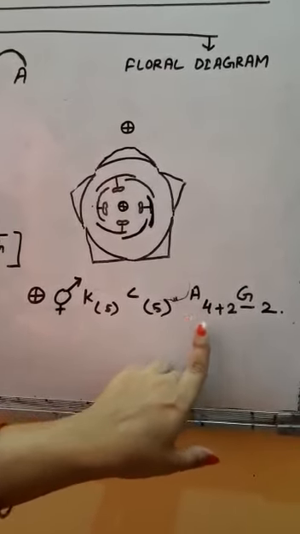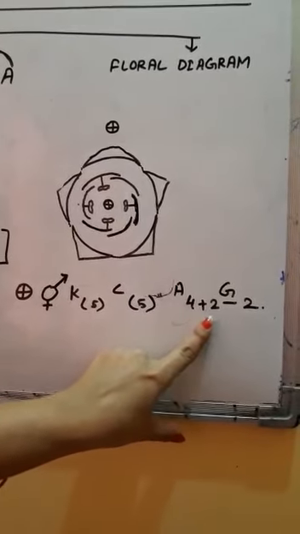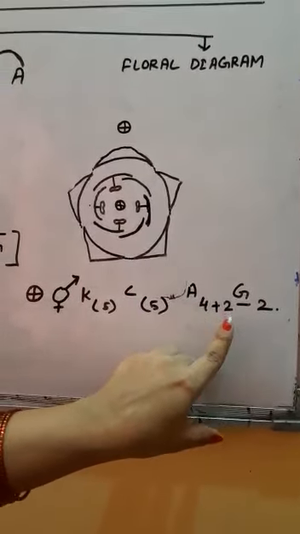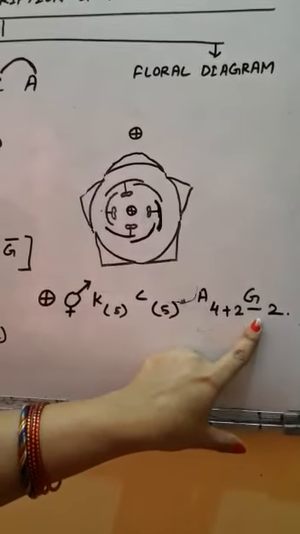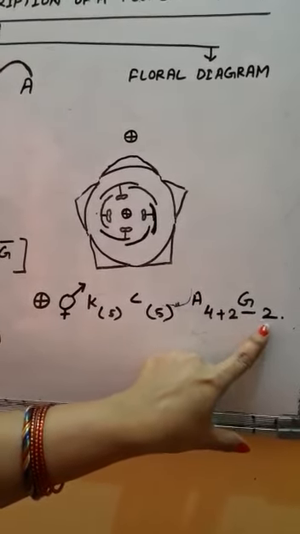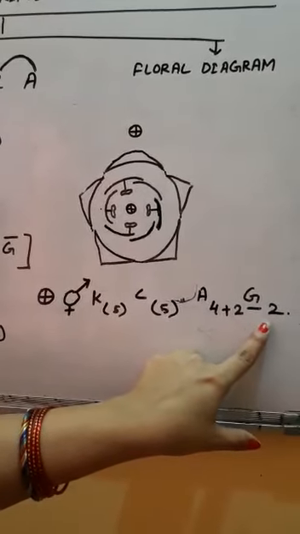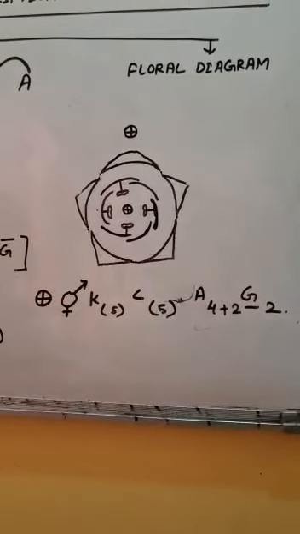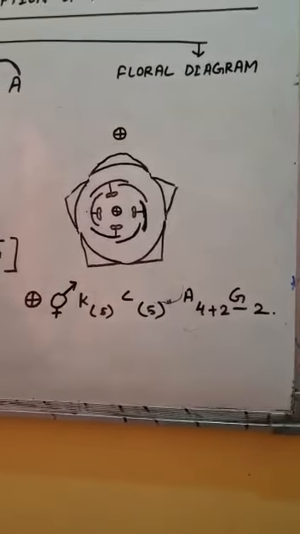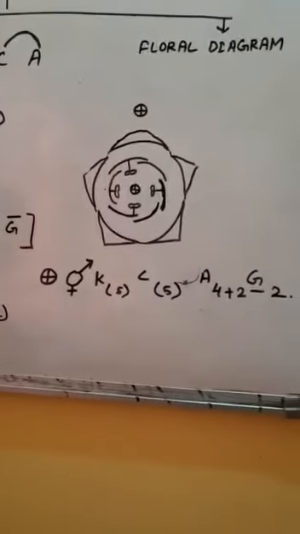A(4+2) means androecium are diadelphous in 2 bundles having 4 and 2, and it is having superior ovary which is bilocular, 2 chambered, or 2 gynoeciums are there, 2 pistils are there. So it is the floral formula which is representing the characteristics of the flower.